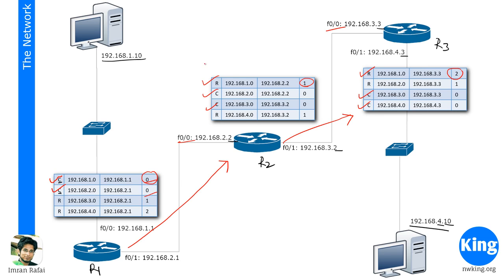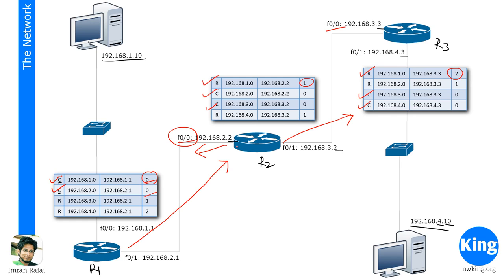It learned it on F0/0. That means when router 2 sends updates to router 1, it will not send updates about 192.168.1.0 on F0/0. It will only send 3.0 and 4.0, and not 2.0 either, because 2.0 is also connected on F0/0.